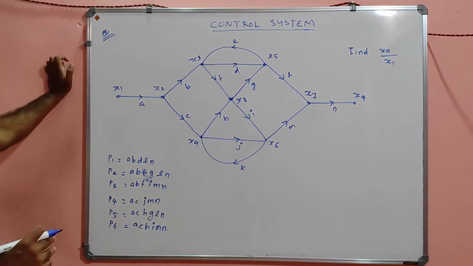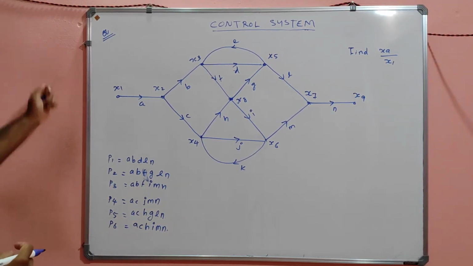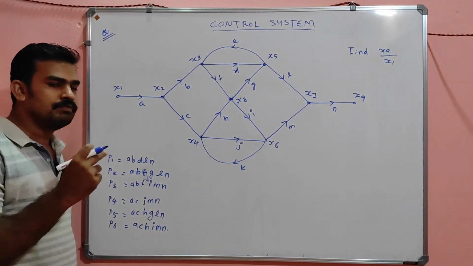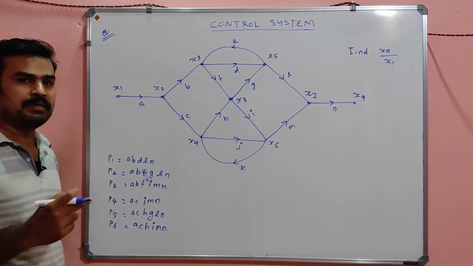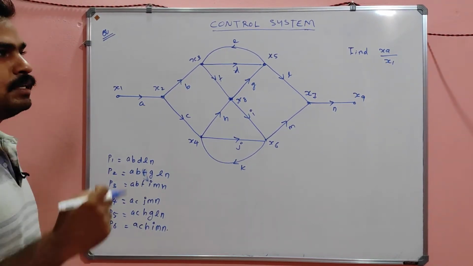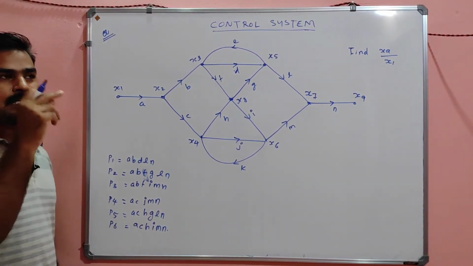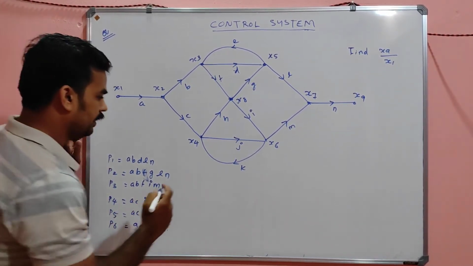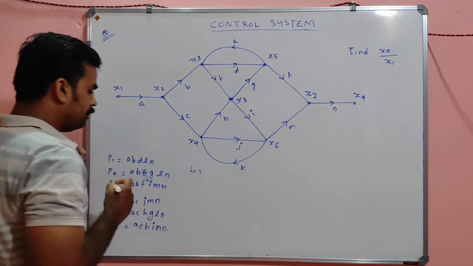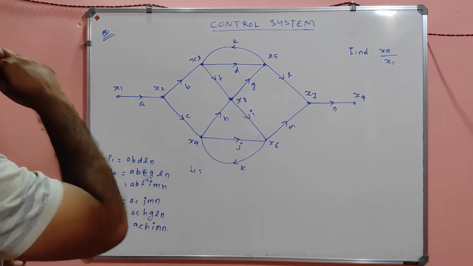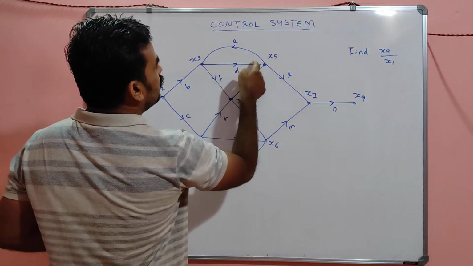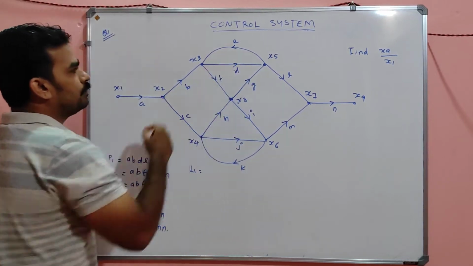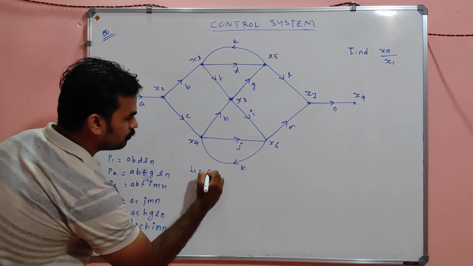Okay, my dear. So what is our next step? For finding the value of del, what do we need? Loops we need, correct? Because del is equal to 1 minus the sum of individual loop gains. So we have to find how many loops are there. So the first loop is what? See, DE is one of my loops.